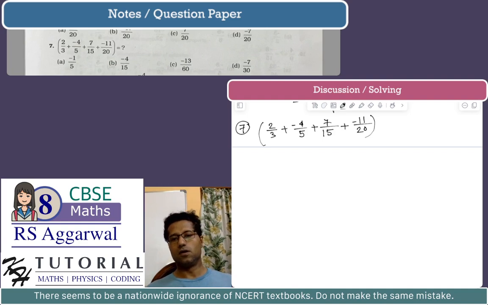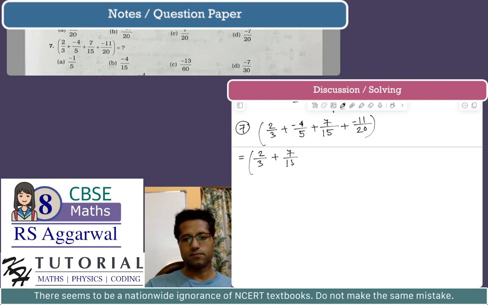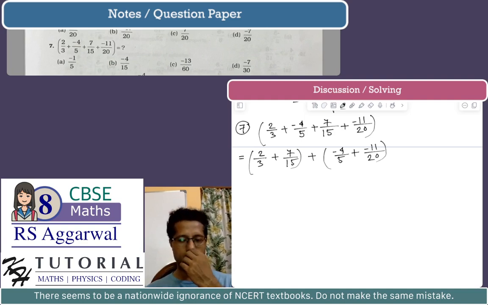Also we cannot group 3 and 20, because the common divisor of 3 and 20 is 1. So definitely we will group together 2 by 3 with 7 by 15, and we will group minus 4 by 5 and minus 11 by 20. This will simplify the calculation.